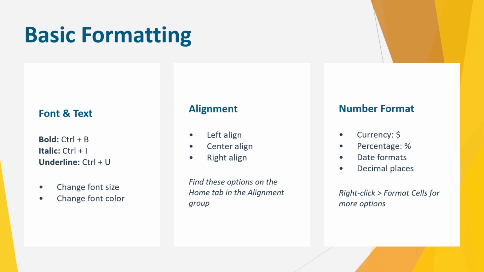Control B is bold, Control I is italic, and Control U is underline for formatting. Alignment is always okay, to the left, to the right, to the center: you can use Control L for left, Control E for center, and Control R for right.